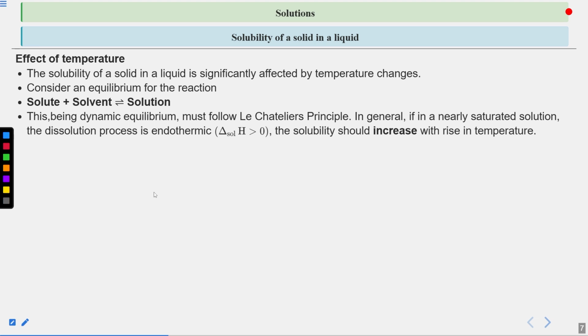Now, if you apply more and more heat, then to attain the equilibrium back, this reaction will move in the forward direction to absorb that extra heat. So we can say very clearly that your solubility will increase with increase in the temperature for an endothermic process. But if it was exothermic, the solubility should decrease, and it is a direct application of the Le Chatelier principle.